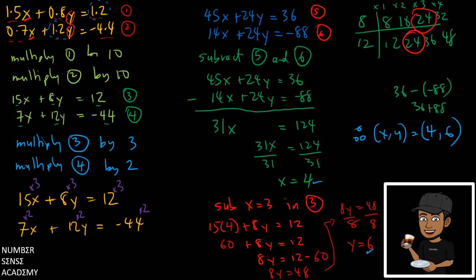All right. So I'm going to do one final example and then we'll wrap this up. In this example, we have 5 over 6x plus 3 over 8y equals negative 1.